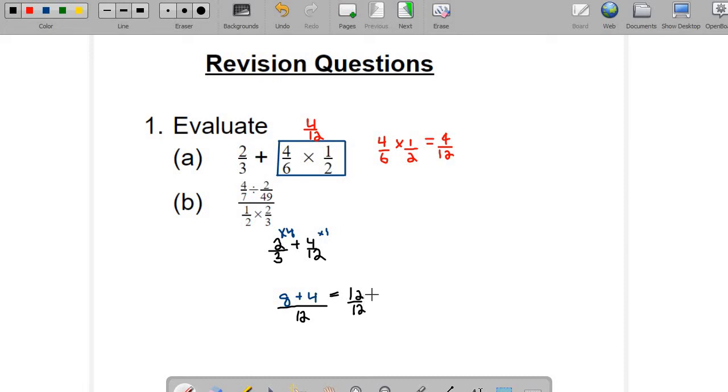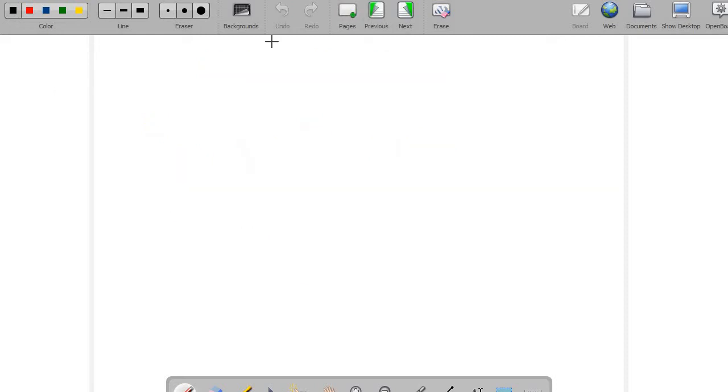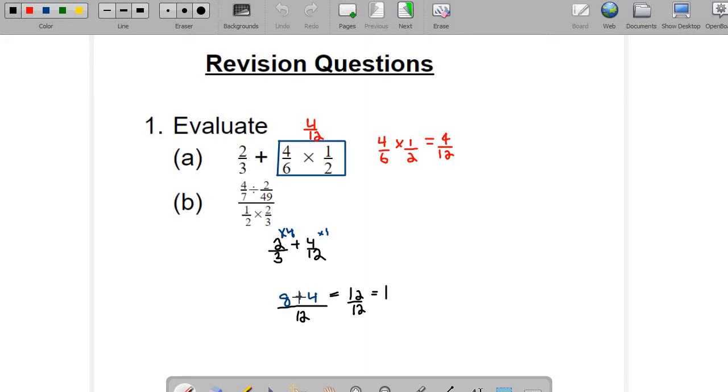We can break this down and say 12 into itself is 1 time, so we can write this as 1. Okay, I'm going to have to snip this question here to the next slide.